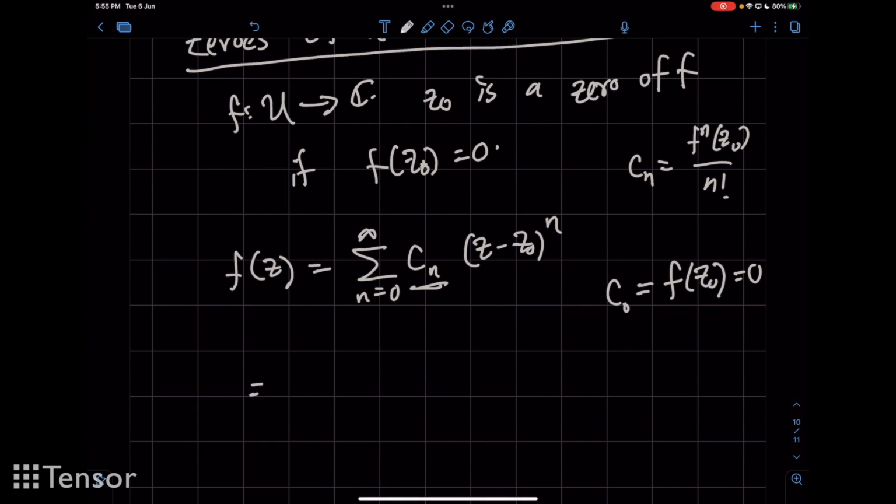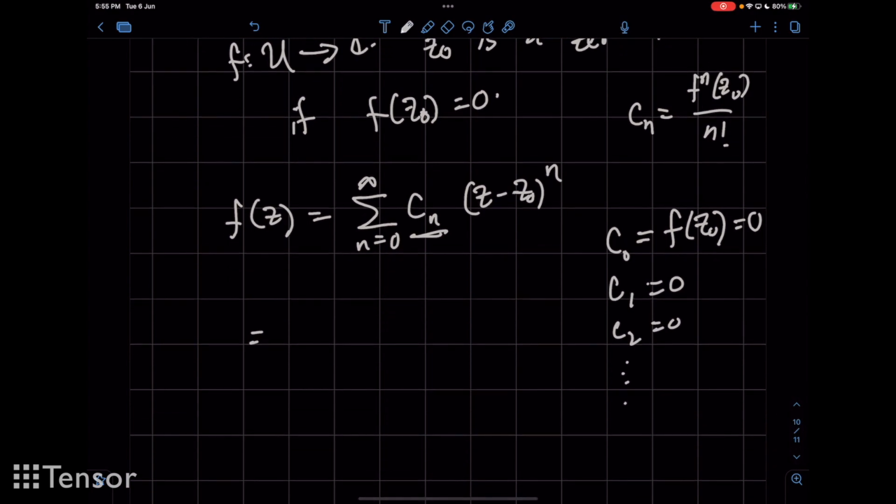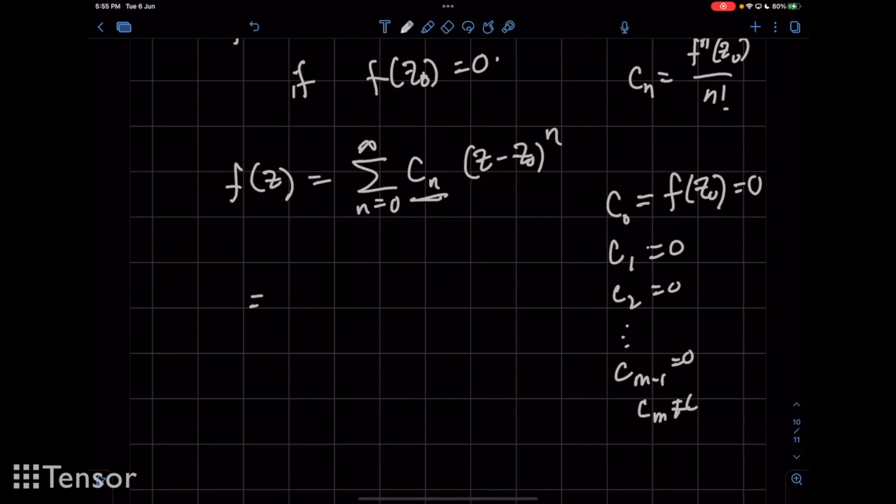So let's say the first coefficient is 0, and suppose the first non-zero coefficient is c_m. In principle, we can have that c_1 is also 0, c_2 is also 0, and so on up to c_{m-1} all 0. Then suppose c_m is non-zero. Then we can write the power series as c_m (z minus z naught) to the power m plus c_{m+1} (z minus z naught) to the power m plus 1, and so on.